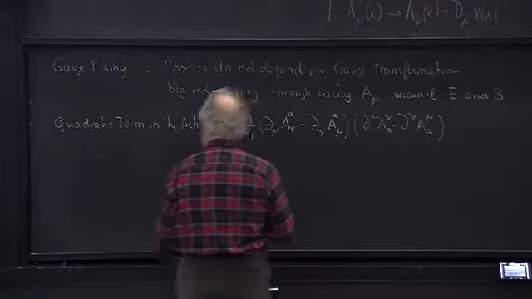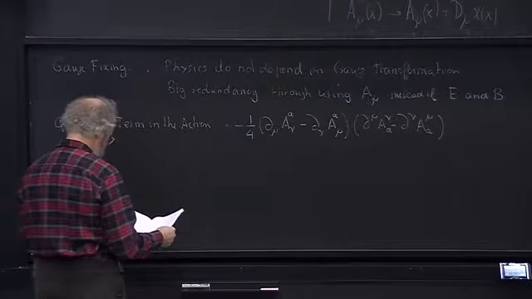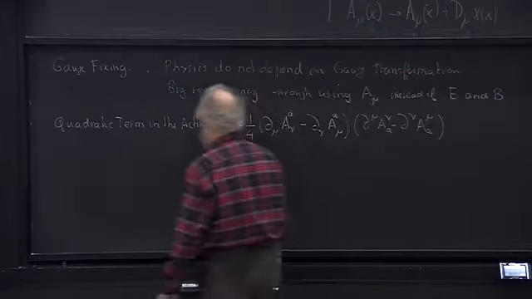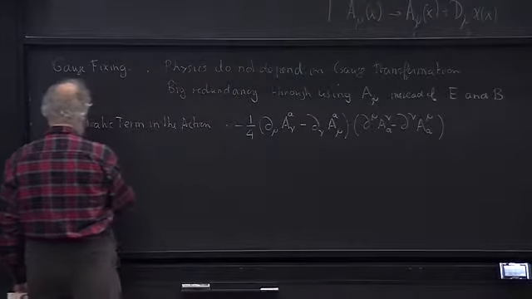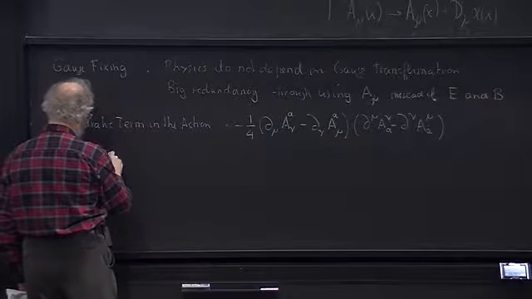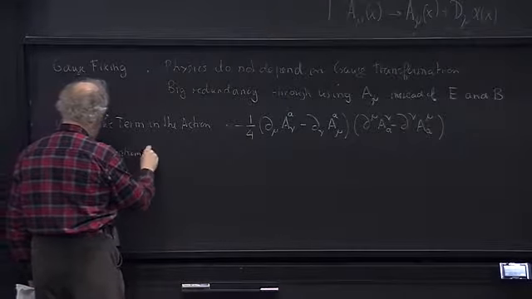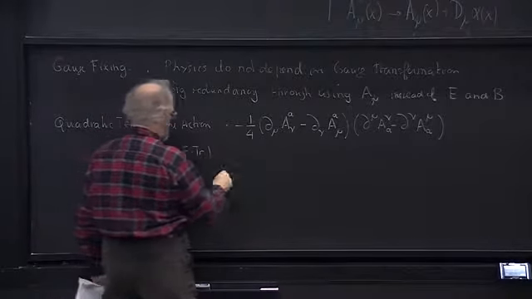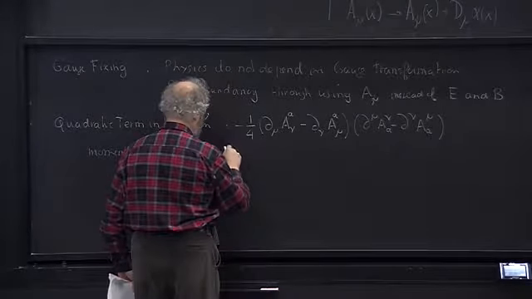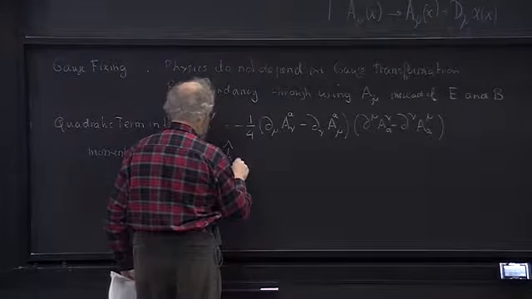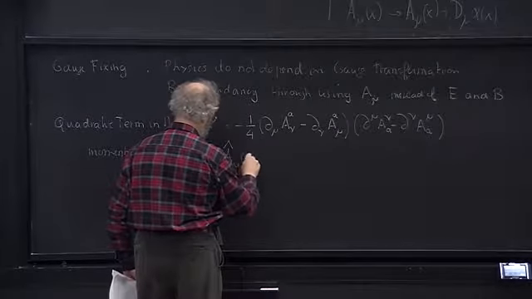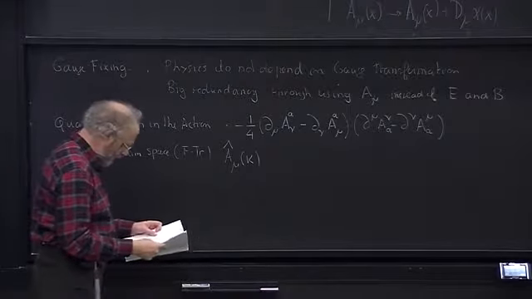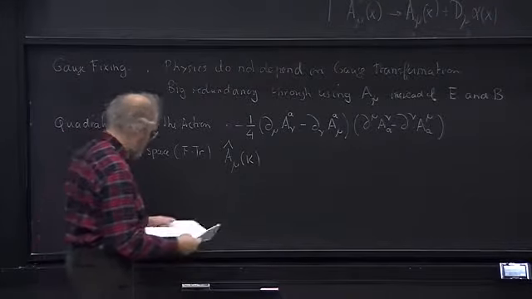So if you take the Fourier transform, so if you are in momentum space, I'm now considering the Fourier transform as a function of some 4-momentum k.